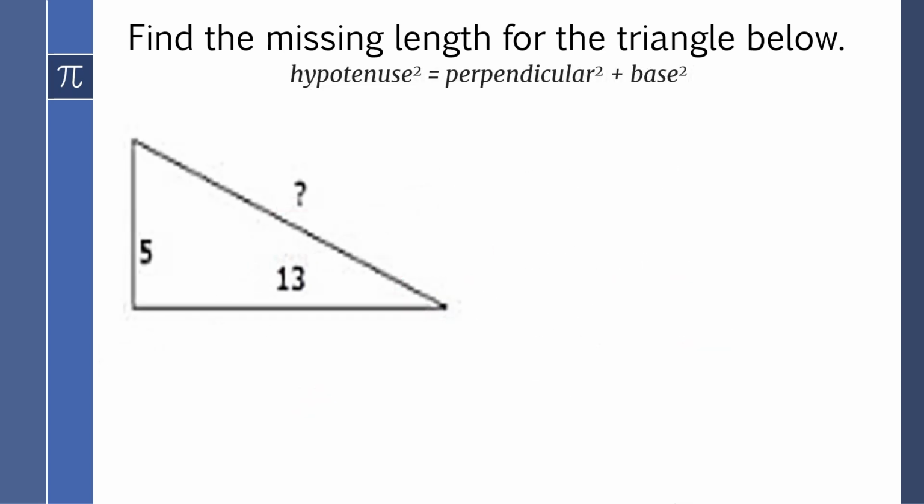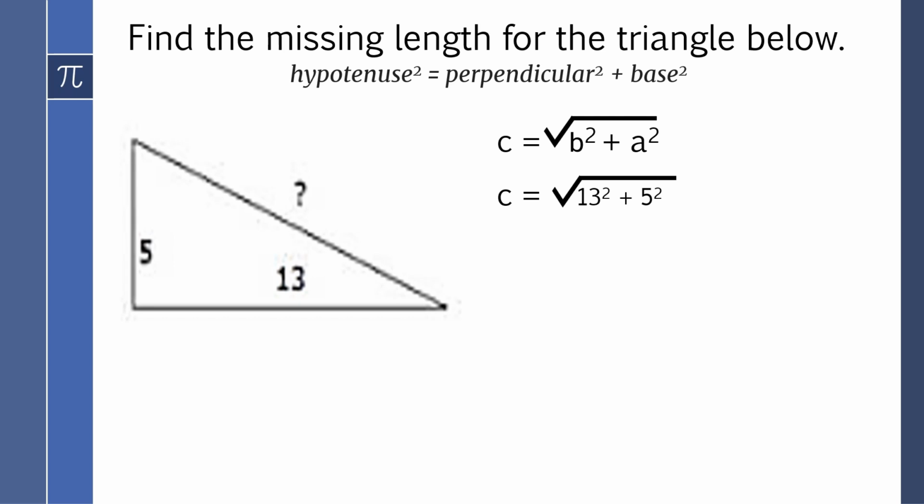Here's another right triangle, and we have another missing side. This time the hypotenuse is missing, side C. So here's our equation: C equals the square root of B squared plus A squared. Let's put our numbers in. What is our B?